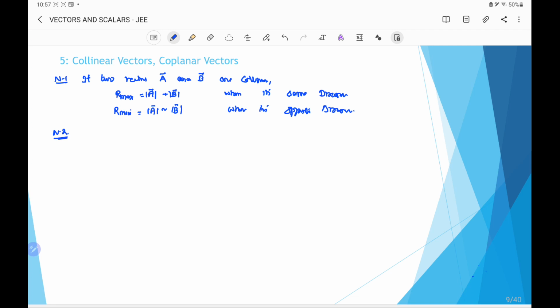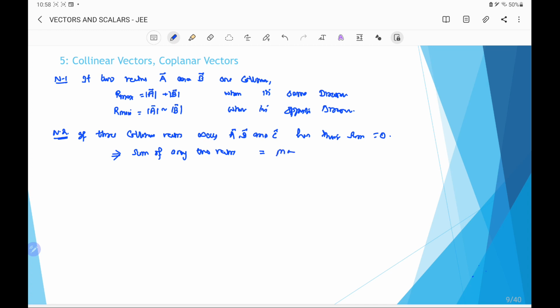Note 2: if three collinear vectors, say A, B and C, have their sum equal to 0, then this implies that the sum of the magnitudes of any two vectors will be equal to the magnitude of the third vector.